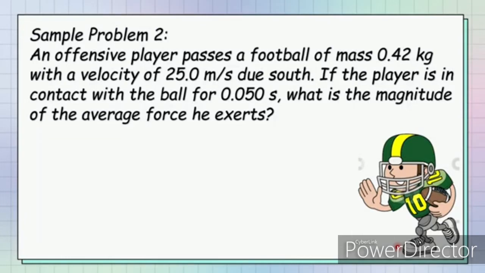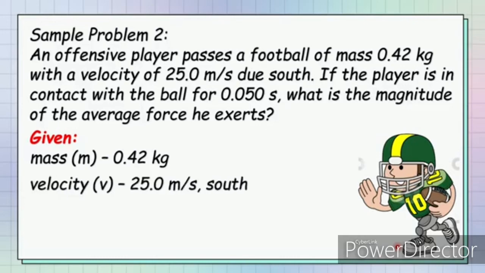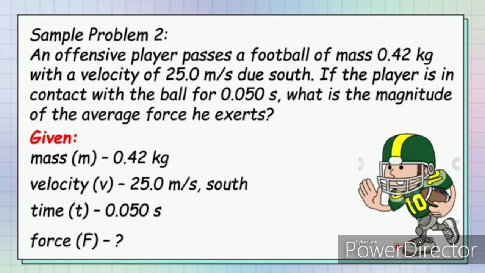Here are the givens for our problem. The mass of the ball is 0.42 kg. Its velocity is 25.0 meters per second south, and the time of contact with the ball is 0.050 seconds, and we are looking for the force.